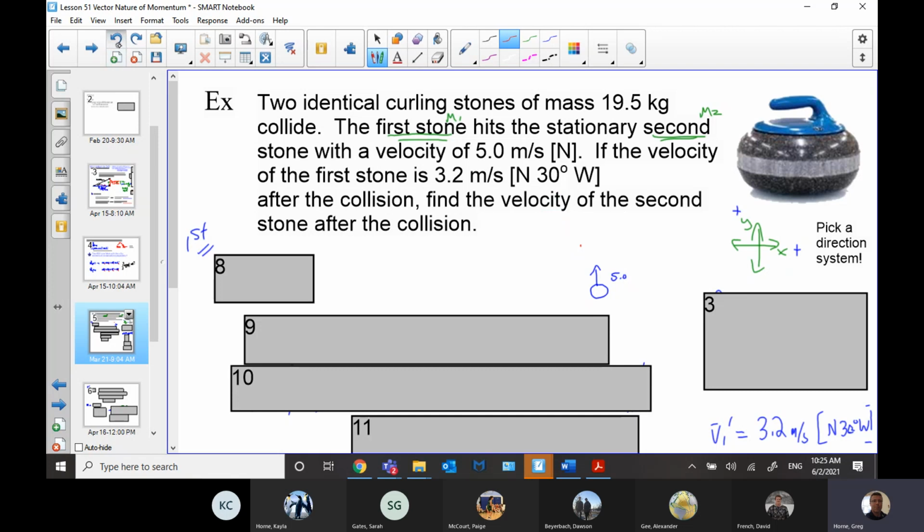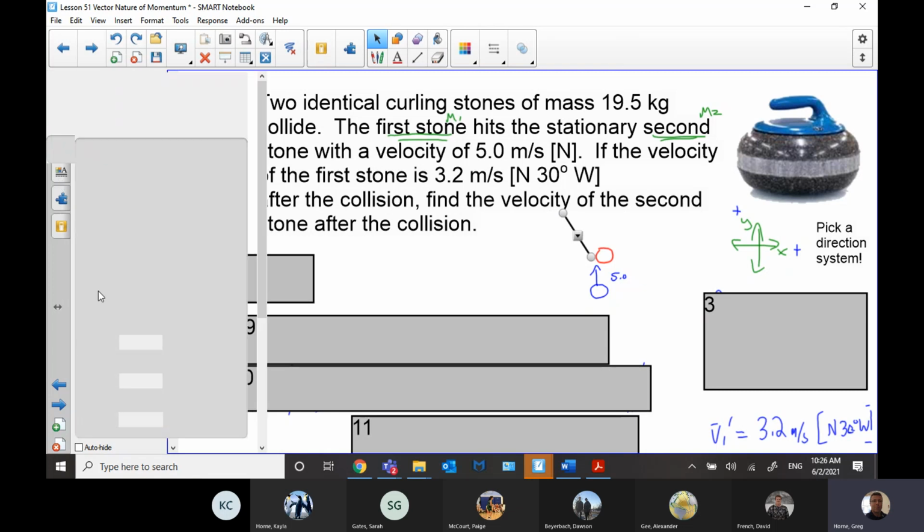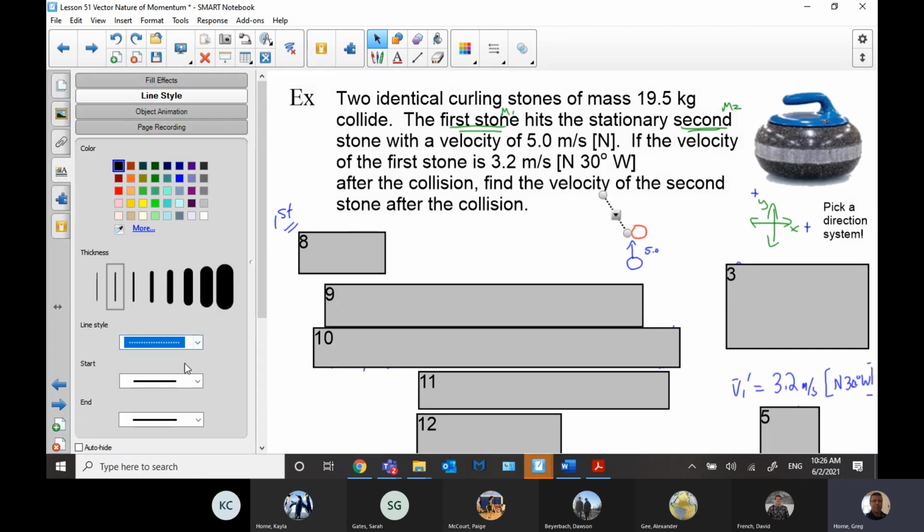Just undo those one by one here, apparently. All right, so we're going to hit the red stone. I was just trying to think it through a little bit, sort of on the side like that, right? And I'll have to make that a little bit bigger to keep this realistic because they are the same size. Good enough. All right, so we're going to have a direction system here where the one's going to go off kind of like that, right? So I'll make that dotted. So north 30 degrees west, maybe it's a little more like that. Make that dotted.